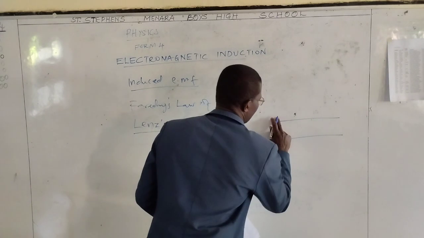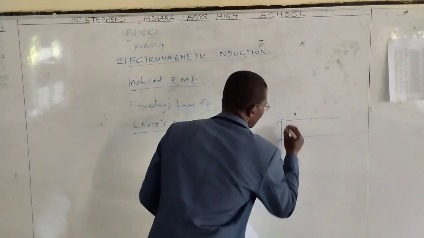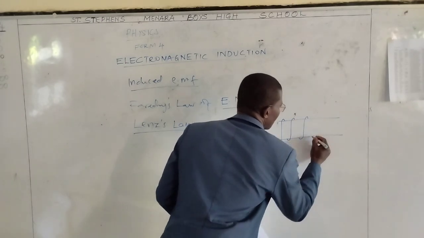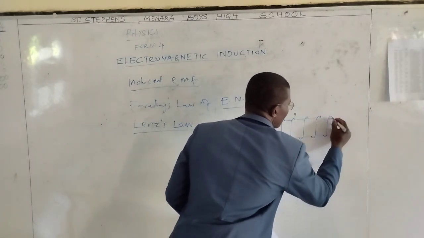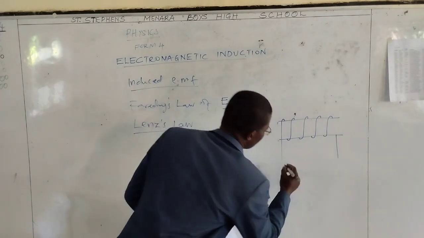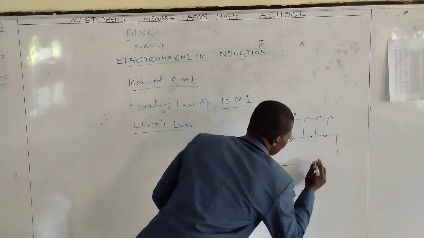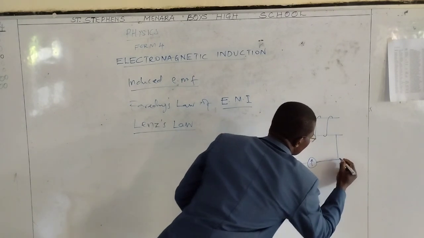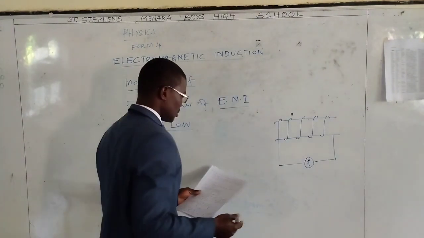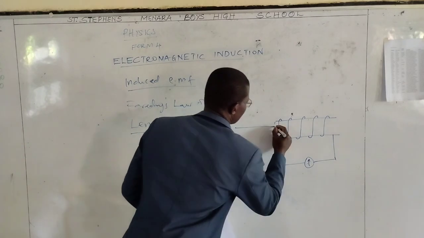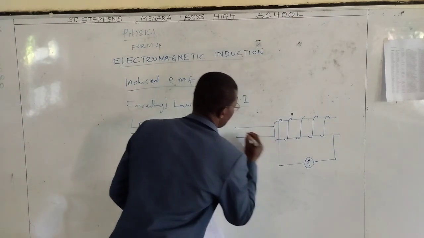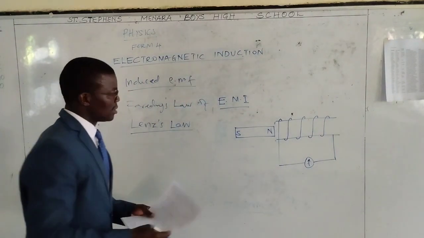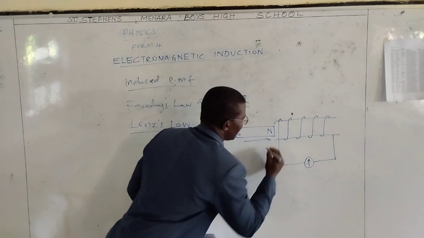This one is a coil, and we have a galvanometer. There's a magnet. The magnet is moved into the coil.